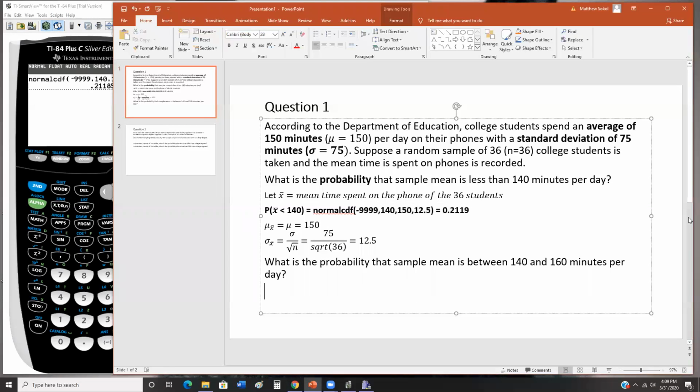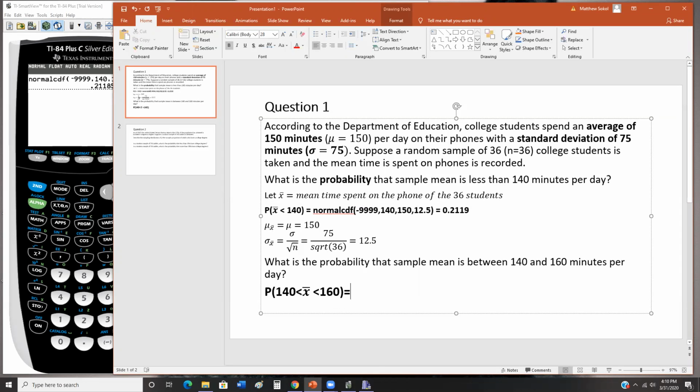So the next question says, what is the probability that the sample mean is between 140 and 160? Okay. So now I'm asking you the probability that X bar is between 140 and 160. So the probability goes 140 is less than X bar, which is less than 160.